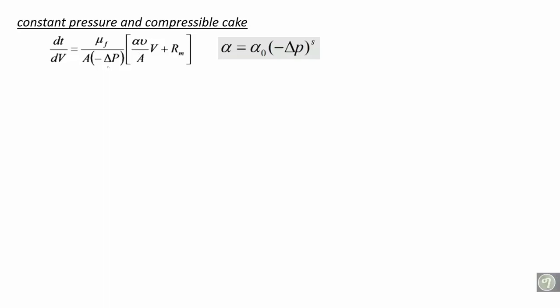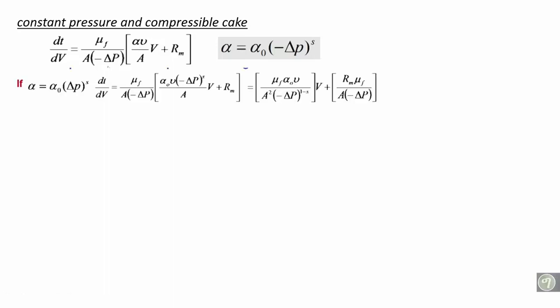Therefore, with this relation, alpha will be alpha naught times delta P to the power of s. s means the compressibility coefficient. So this compressibility coefficient and alpha have to be substituted into the basic filtration equation.